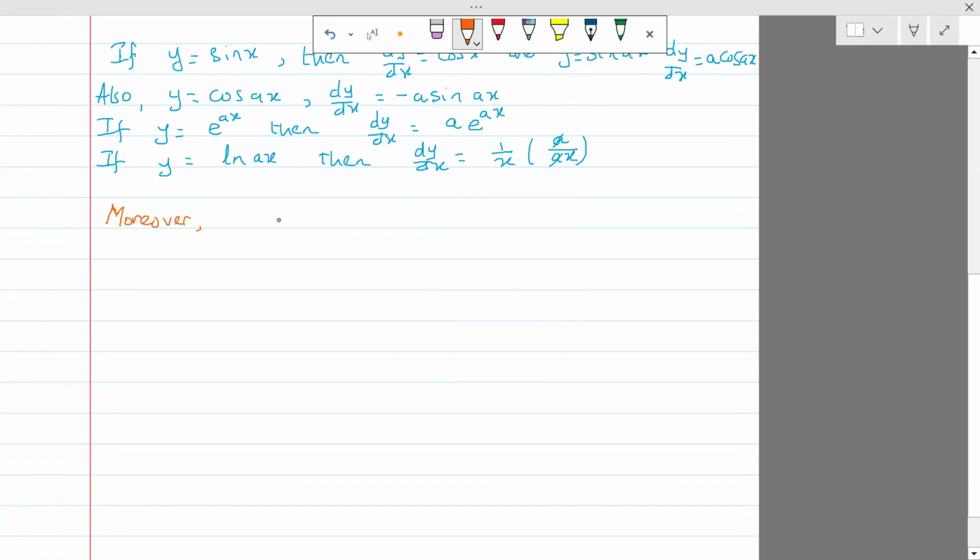Moreover, the sum or difference of functions will have its derivative as the derivative of separate terms.